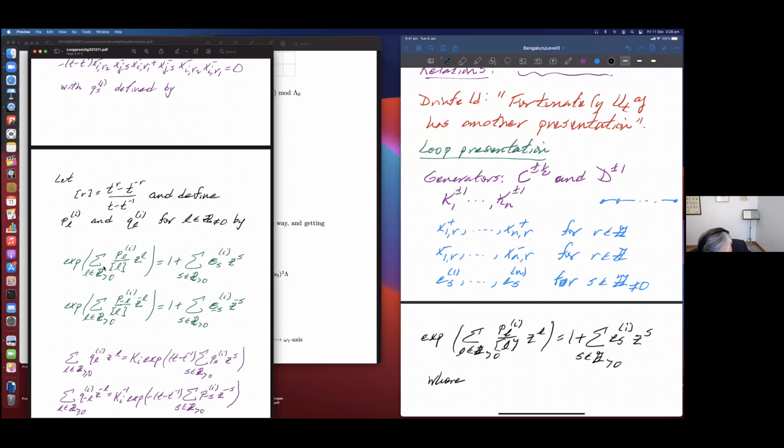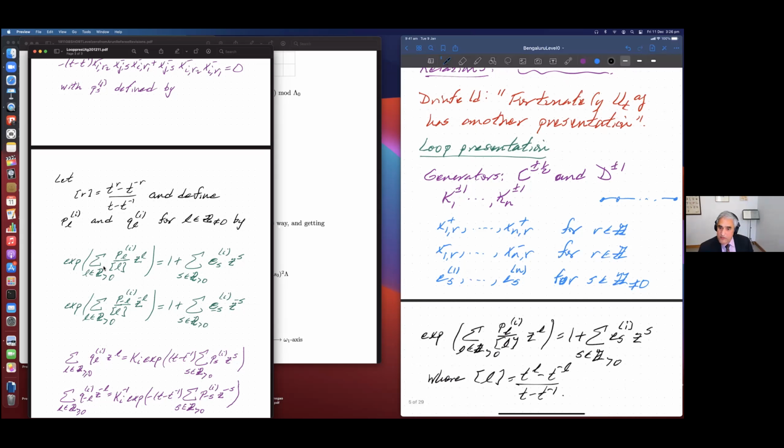Where here the q-analog of l is t to the l minus t to the minus l divided by t minus t inverse. So this is just some conversion.